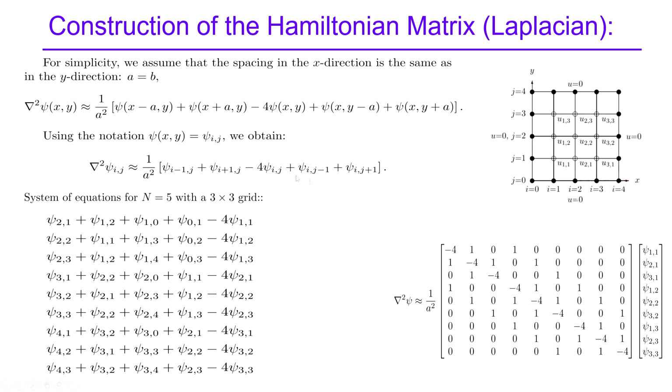That means that I have to explain. For n equal 5, that means 5 nodes in the grid. 1, 2, 3, 4, 5.